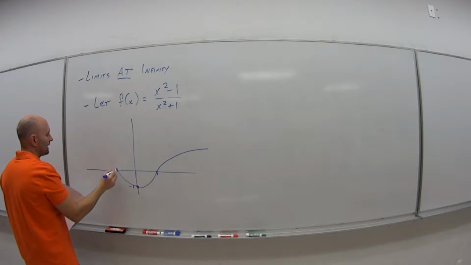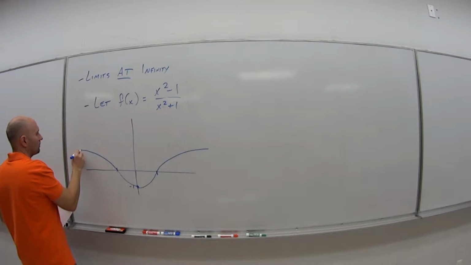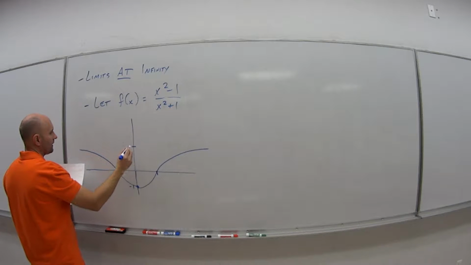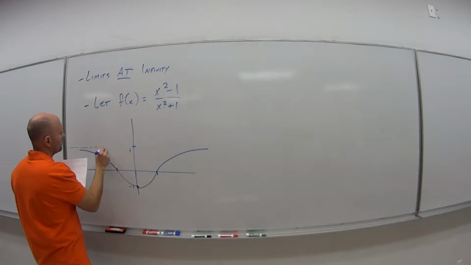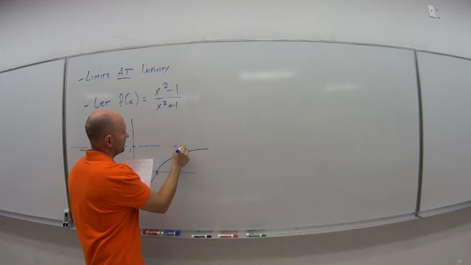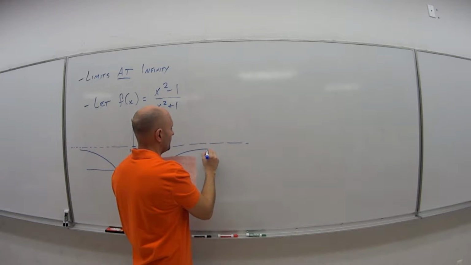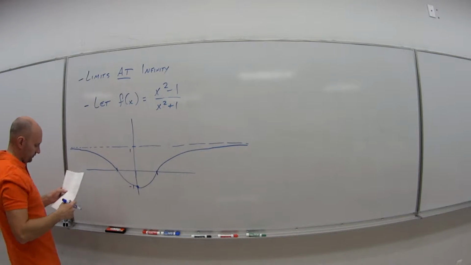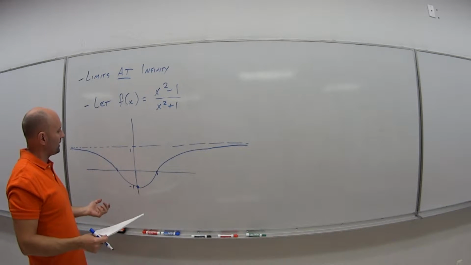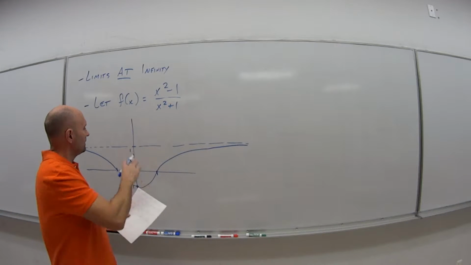They essentially cancel each other out. And so this function, as x goes to plus infinity, or as x goes to minus infinity, gives us 1.